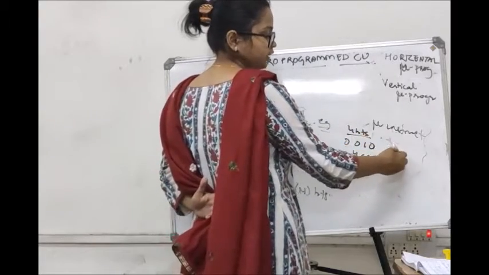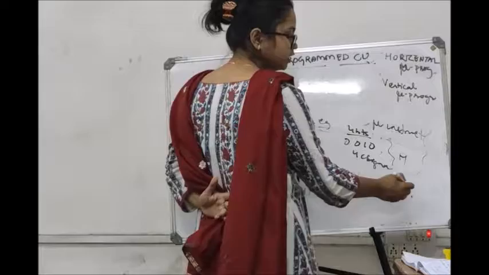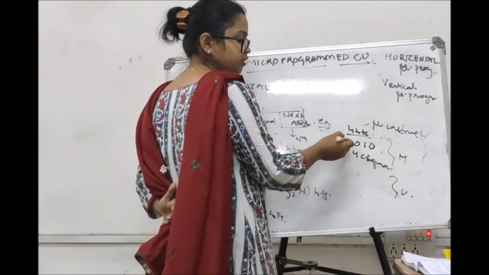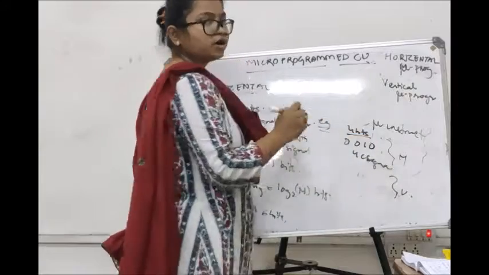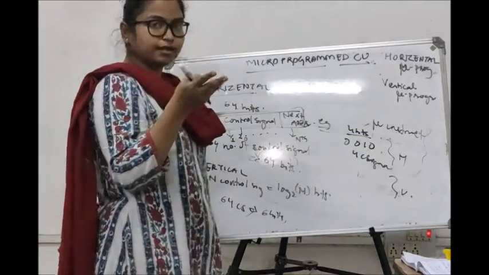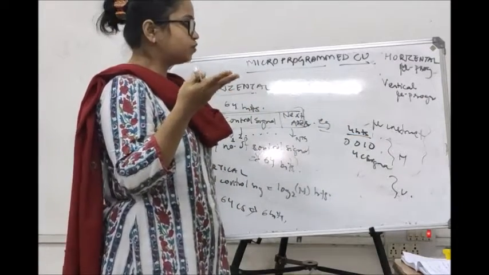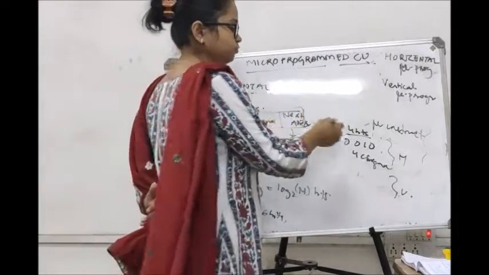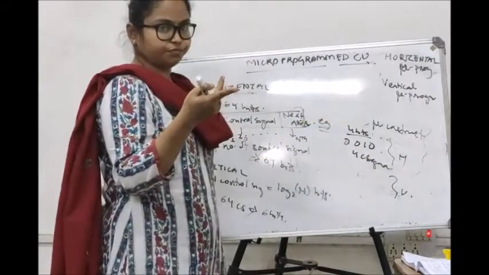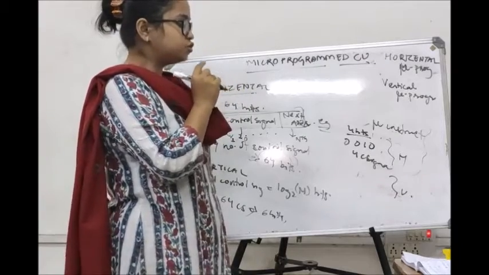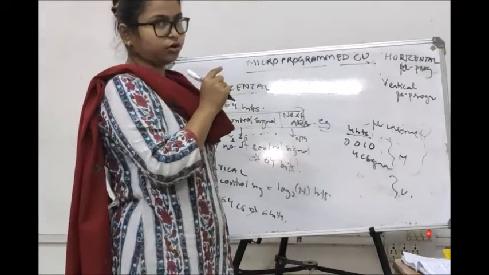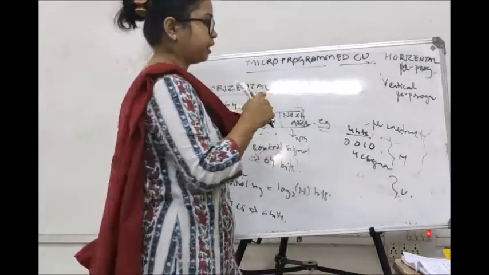This takes 4 bits in horizontal microprogramming. Now, in case of vertical, 0, 0, 1, 0 is what? If we find the value of it, it is 2 in binary.